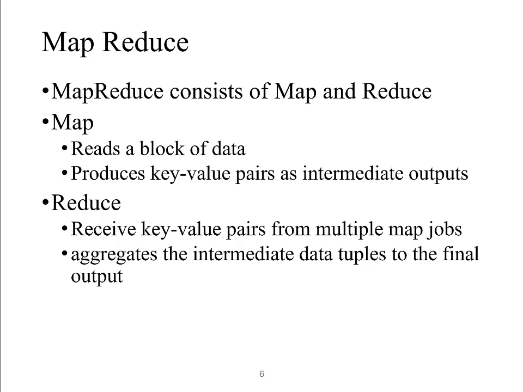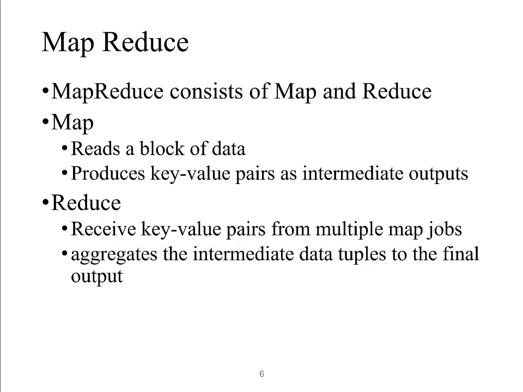So in order to write a MapReduce program, MapReduce consists of map and reduce, only these two operations. The mapper reads a block of data and produces key-value pairs as intermediate outputs.